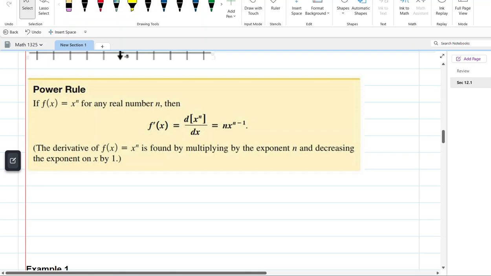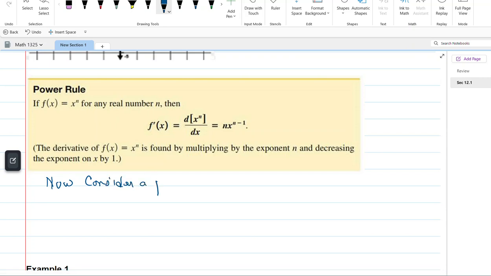For a binomial function, what is a quick way to find a derivative?